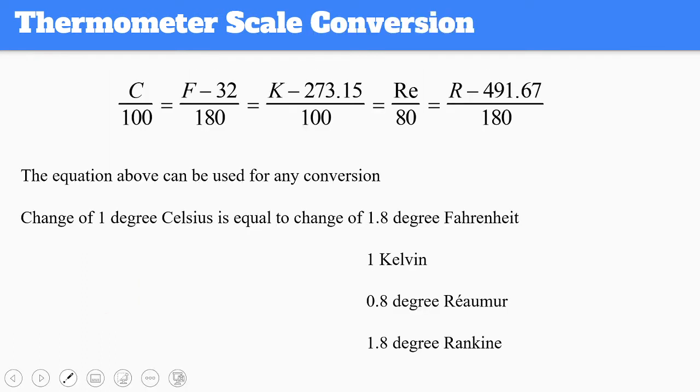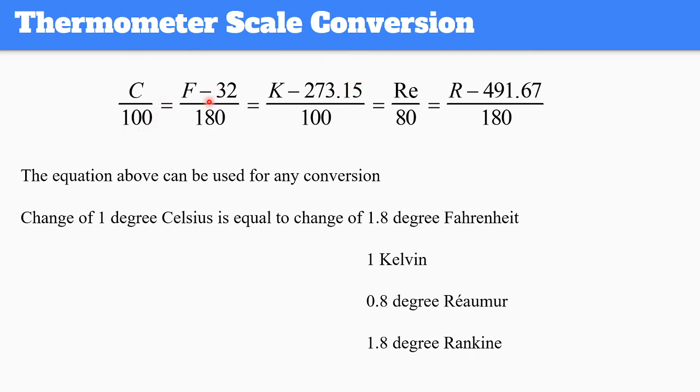Alright, so you have 5 different scales, and so far you probably have seen a different equation for Celsius and Fahrenheit conversion, but this puts all of the 5 different scales in one equation. All you have to do is, let's say you are trying to convert from Celsius to Kelvin.